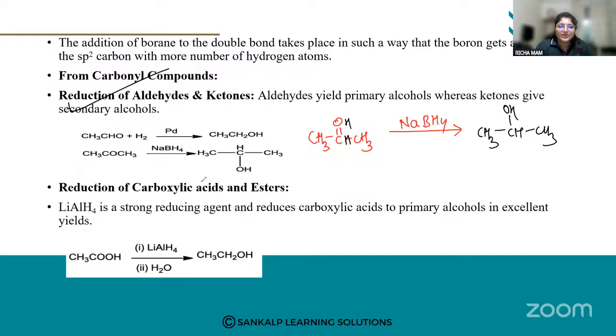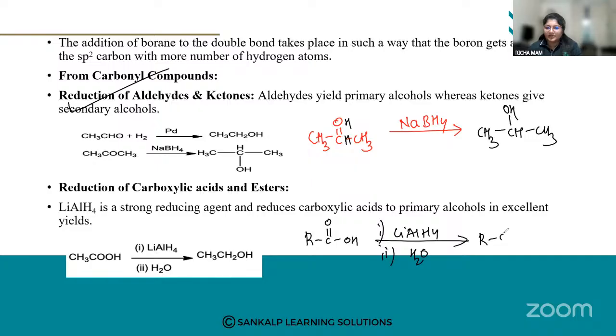When we are reducing carboxylic acids and esters, they are correspondingly reduced to primary alcohol. Let me take the general formula RCOOH, which is the carboxylic acid. I am going to use lithium aluminum hydride followed by hydrolysis. So what am I going to get?